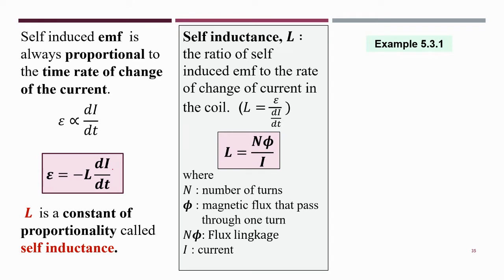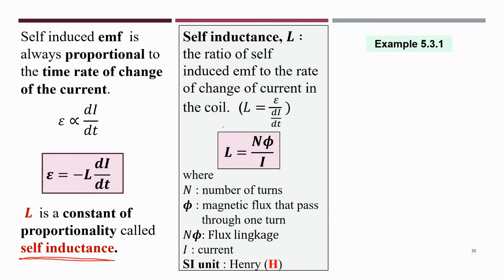Self-induced EMF or back EMF is proportional to the rate of change of current. So it's given that the induced EMF equals negative L di per dt, where L is called the constant of proportionality. It's called self-inductance.